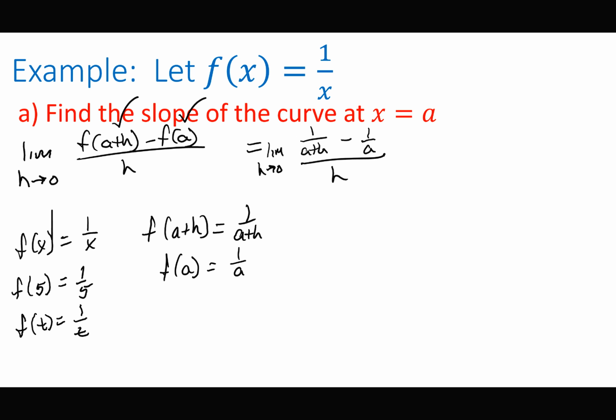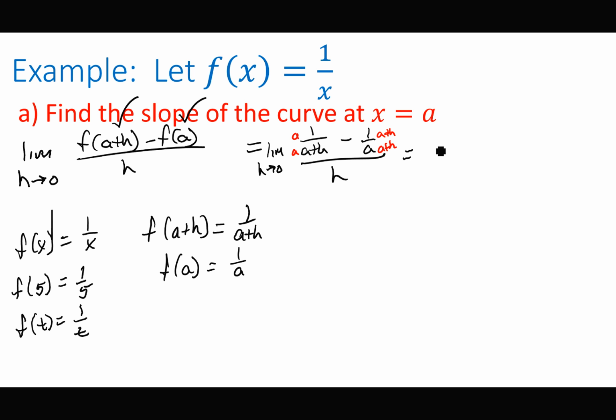Is everybody comfortable how I got to that point? Okay. How do we subtract fractions? Common denominator. Okay, so if I want to find a common denominator of this, I'm going to multiply this by a plus h all over a plus h, and I'll multiply this by a and this by a.